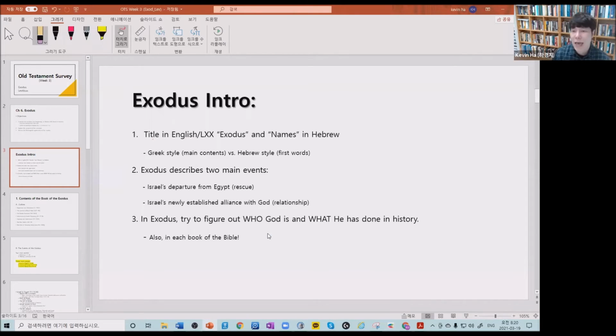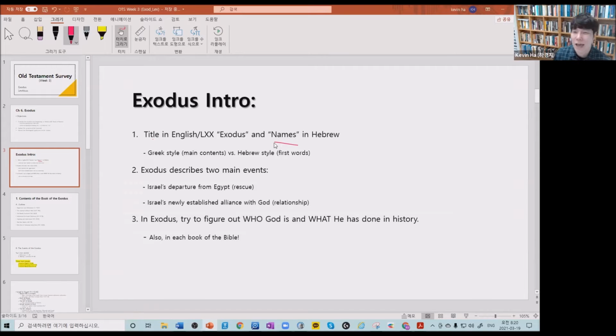And the second book is Exodus, but in the Hebrew Bible, it's not Exodus. The title in the Hebrew Bible is Names. Isn't it strange?